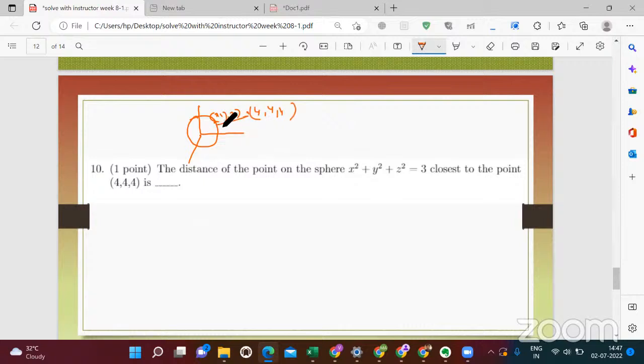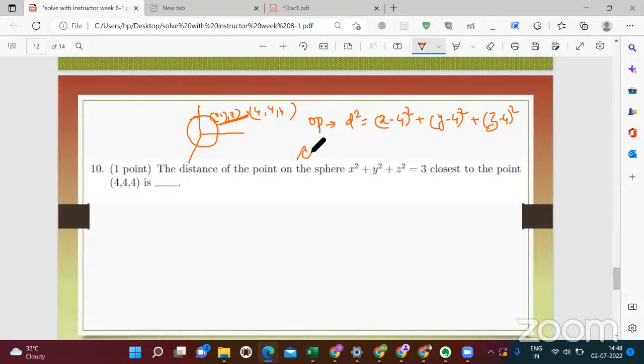Now you need to calculate the distance, and this distance you need to minimize. So this is our optimization problem. You can calculate d square as (x minus 4) whole square plus (y minus 4) whole square plus (z minus 4) whole square. This is our optimization problem.